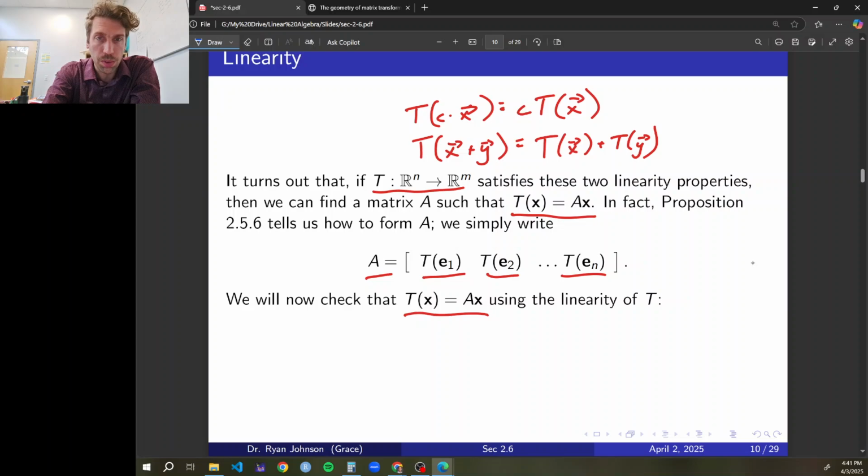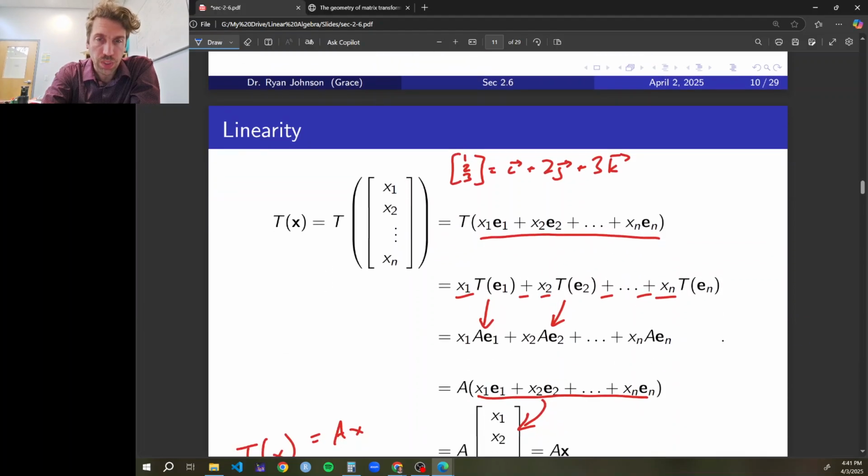So assume T is a function going there to there that is linear, meaning T of cx, you can factor the scalar out, and you can split up addition inside. Then define this matrix A to have the columns T of e1, T of e2, all the way to T of en. Now we're going to show this.